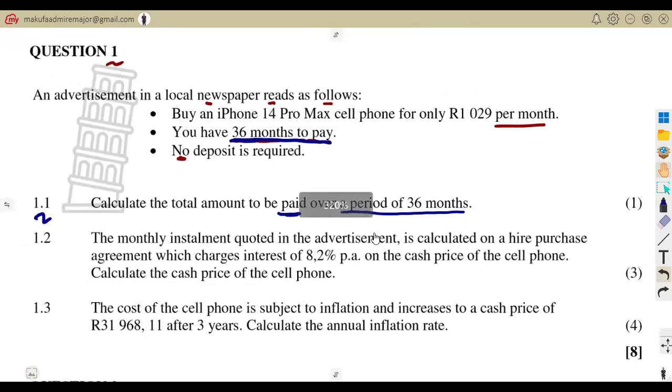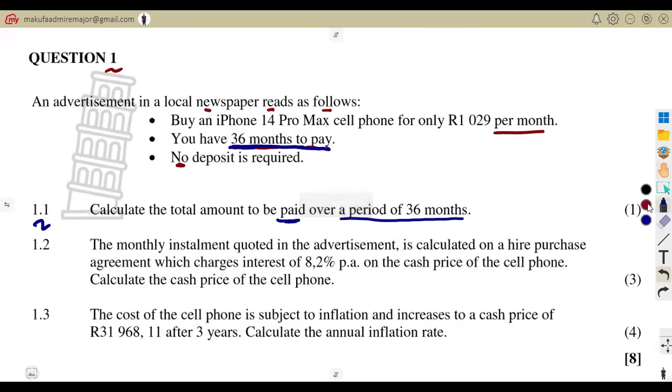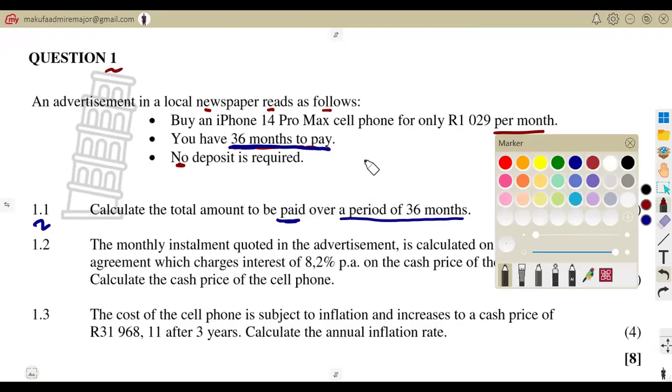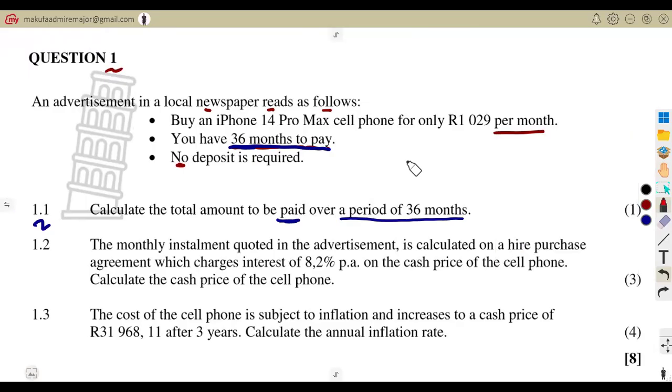So in those 36 months, what are you going to pay? That was the question. So it is simply the total amount. So you can just write A, or you can write total amount. Okay, guys, it's a simple instruction that is here.